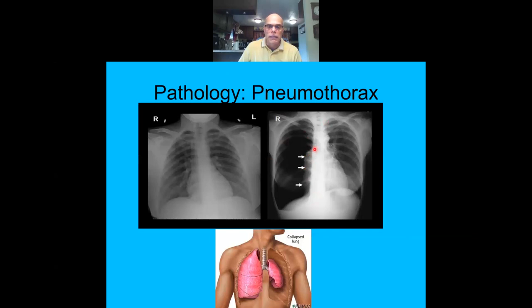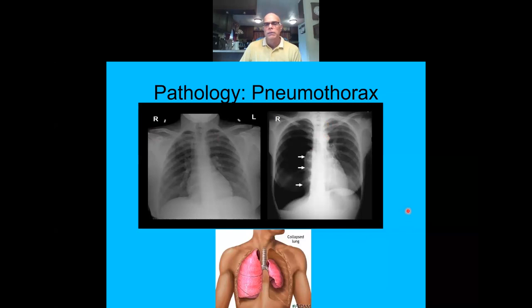But that's called a pneumothorax. It's actually air that is now trapped between the two linings of the pleural cavity. Okay, and again, we can look here. We can see it's got what they're showing here as a collapsed lung. This person doesn't have a completely collapsed lung because you still see lung markings on both sides. But if it were completely collapsed, it would be completely white over here.